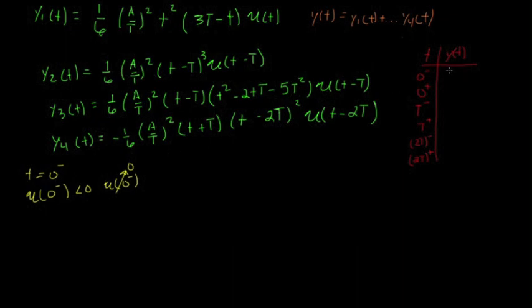So y of t at 0 minus is equal to 0. Now if we said at t equal to 0 plus, now we can say that u of 0 plus is greater than 0.